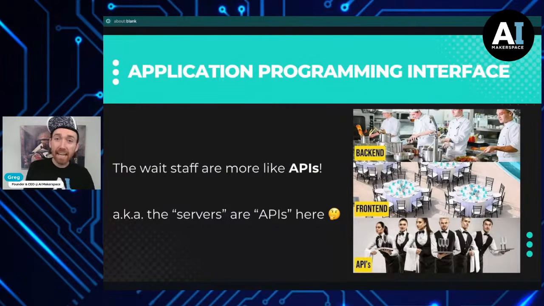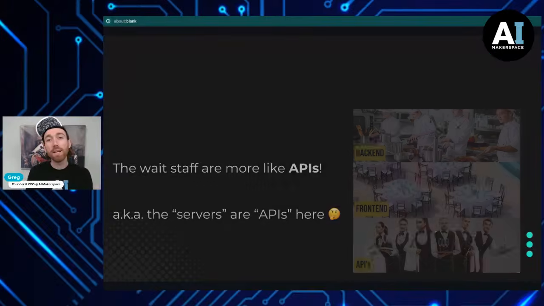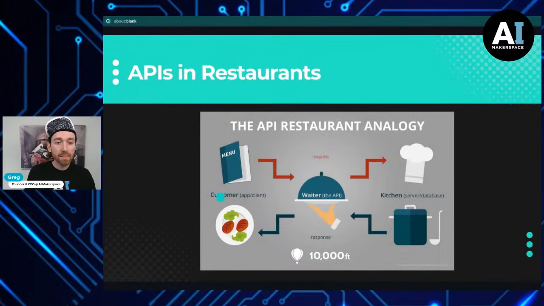They kind of connect the people out in the restaurant to folks in the kitchen. They're the go-betweens. They're the messengers. They take the request from point A, they go to point B, and then they return back with some information, or in this case, some delicious food to point A. So the restaurant analogy here is that the customer is going to make a request to the API.